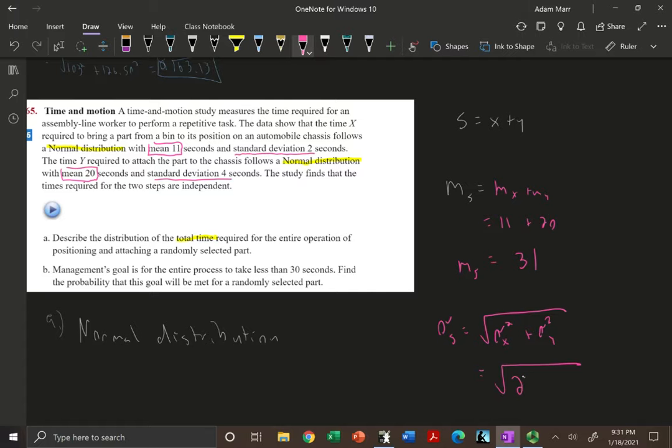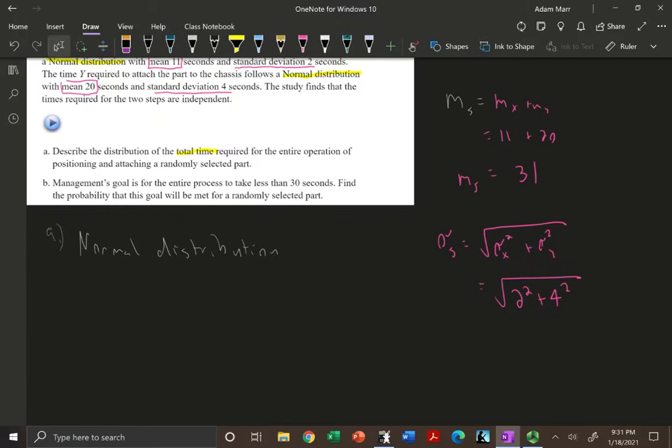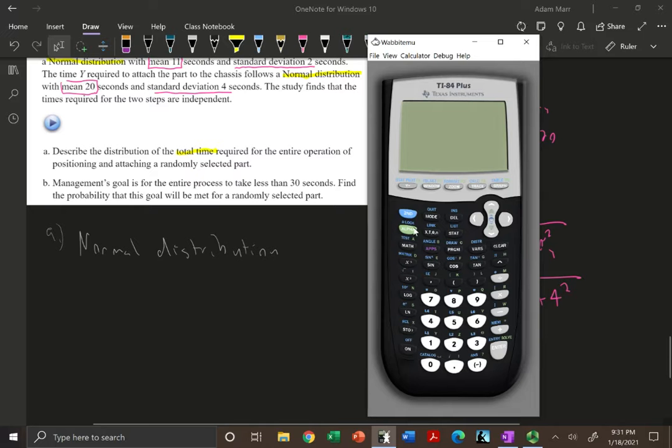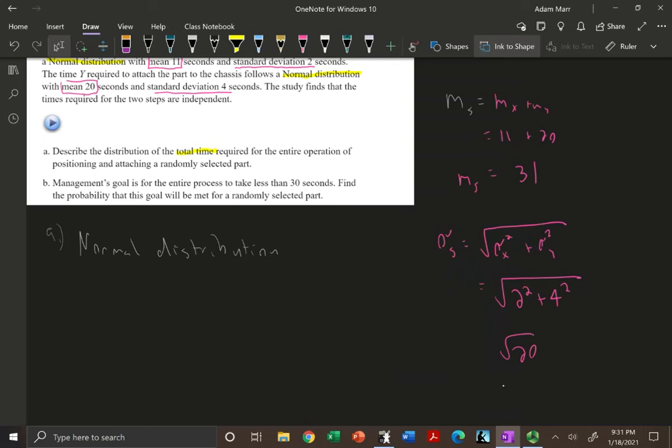So that's the square root of 2 squared plus 4 squared, which is the square root of 20. That comes out to about 4.47. All right, there's the standard deviation of the sum.